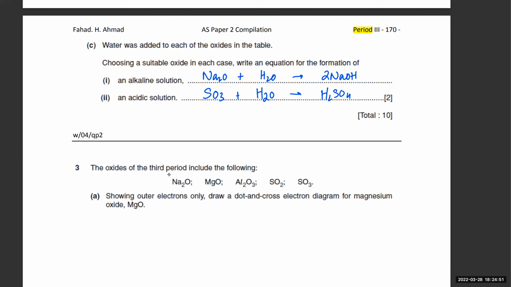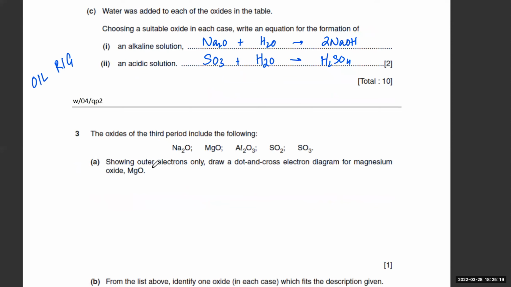What you can do is just remember OIL RIG, which means oxidation is loss of electrons, reduction is gain of electrons. And the names are opposite. If something is an oxidizing agent, it's basically undergoing reduction. If something is the reducing agent or the reductant, then it is undergoing oxidation.